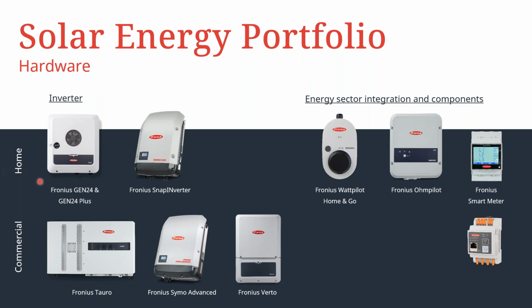In the residential, for example, we have Gen 24 and Gen 24 Plus hybrid inverters. And of course, we also have the Fronius Snap inverter up to about 12.5 kilowatt. In the commercial segment, we have the Fronius Tauro, the Fronius Simo Advanced, and we also now have a new entrant into this category that we are calling the Fronius Vato.